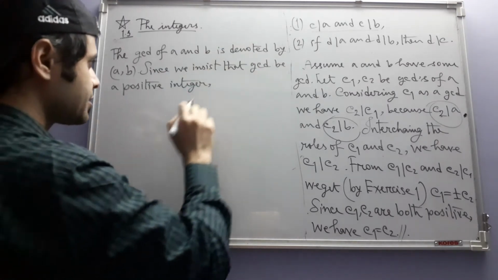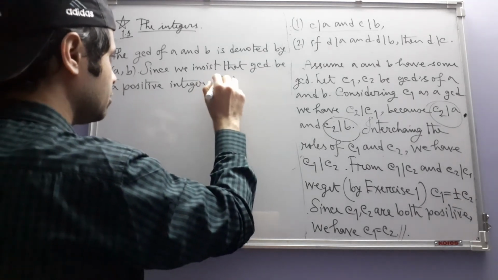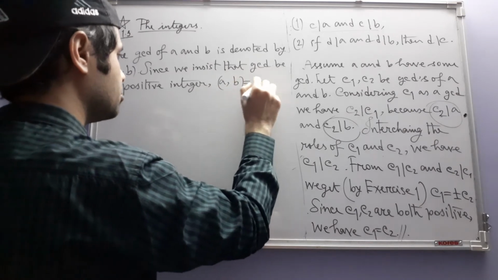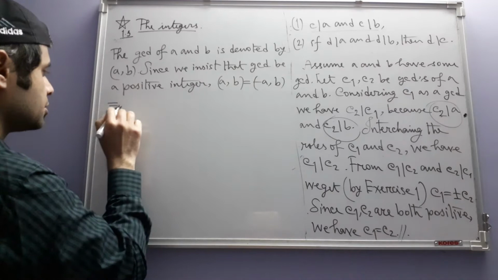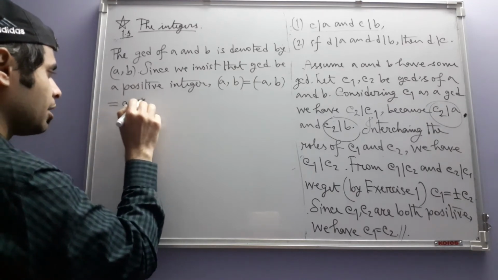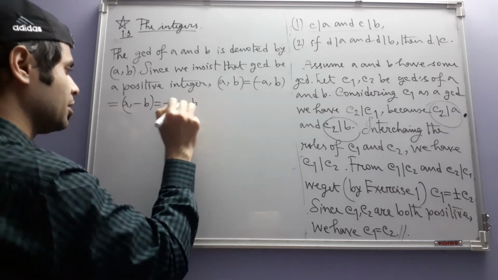So since that has been insisted on, we will have GCD of A and B to be equal to GCD of minus A and B, which is equal to GCD of A and minus B, which is equal to GCD of minus A and minus B.